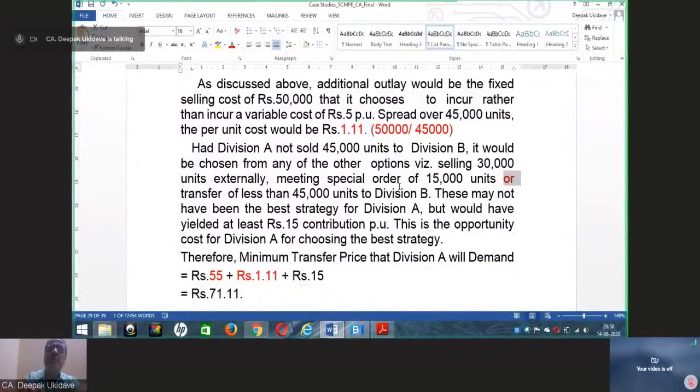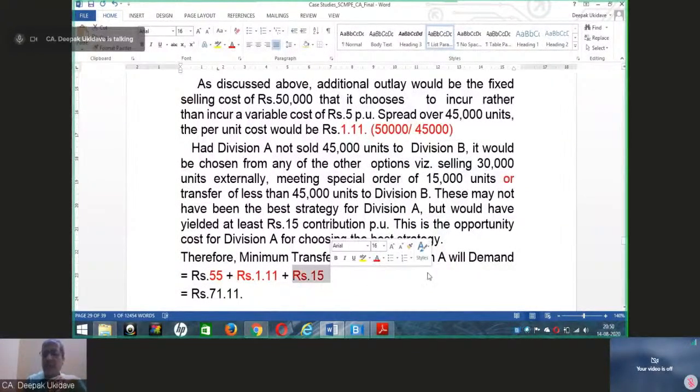So ये नहीं करता था तो वो होता था. So had I not catered to my internal customer their 100% requirement, then either I would have catered part of their requirement or none of their requirement and sold 30,000 in the market and special order. Right? In either case, I would have earned at least a contribution of 15 rupees. I am deprived of that contribution. So that is an opportunity cost. So that also explained.